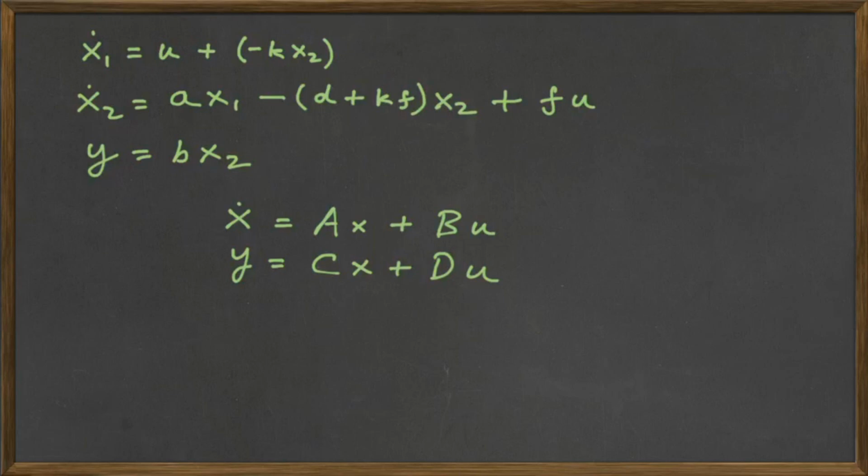But if you're already slightly familiar with the state variable model, you will know that A, B, C, and D are matrices. So we have to just construct those matrices. Well, it turns out that there is no disturbances, so that D matrix there will be a 0. And so we're left with A, B, and C.